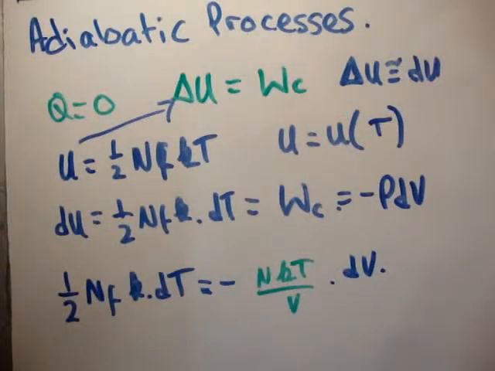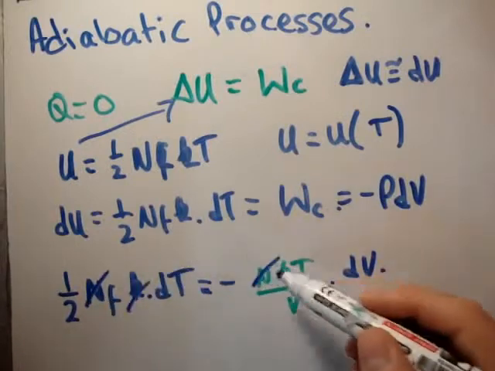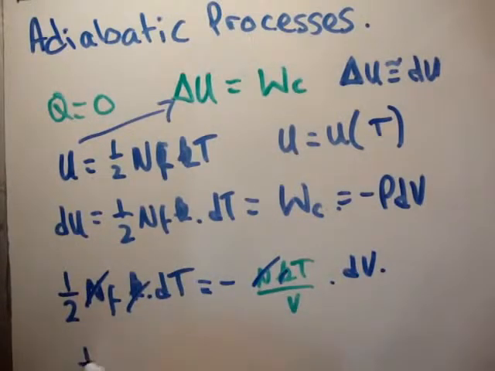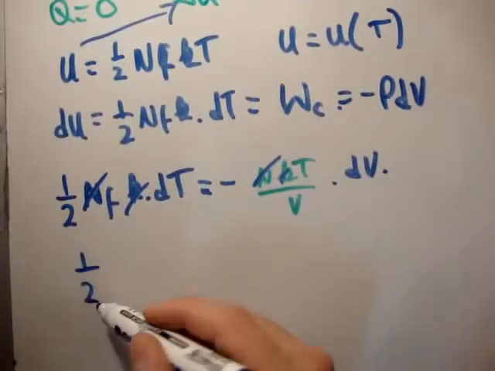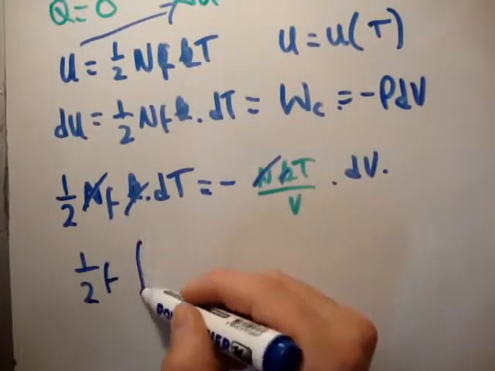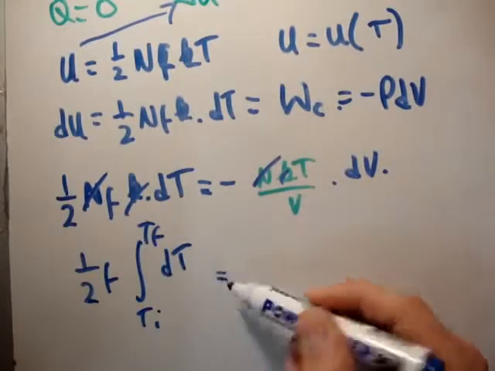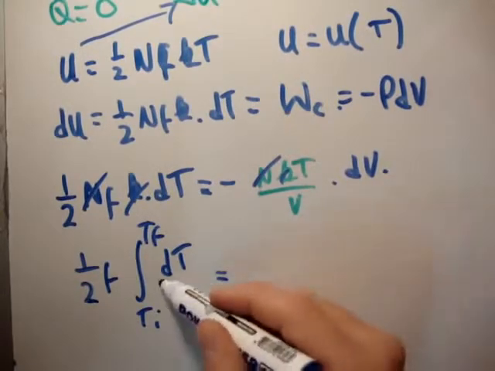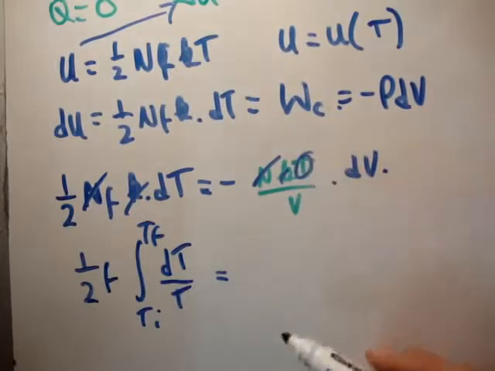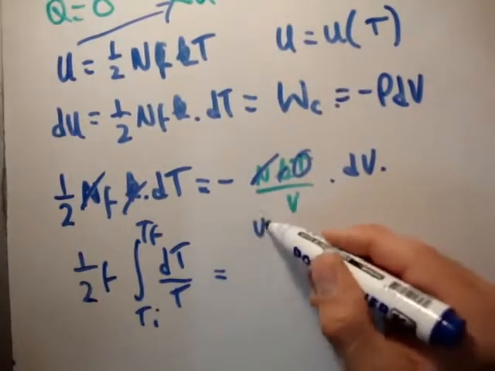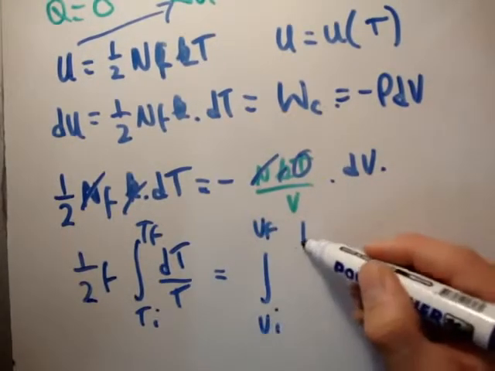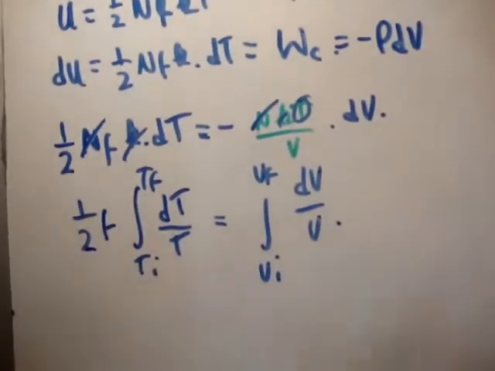We have some constants we can get rid of, n and k. What we're left with is 1/2 f, and we're going to integrate dt from t initial to t final, and there's a t over here, I brought down that t. And here we're going to integrate from v initial to v final of dv over v.